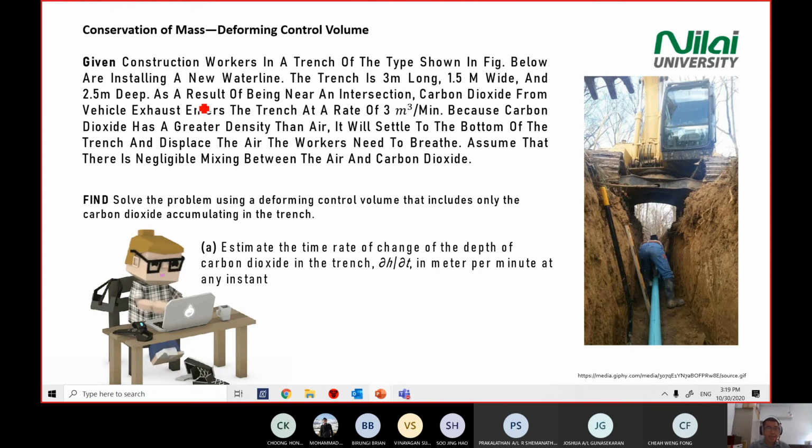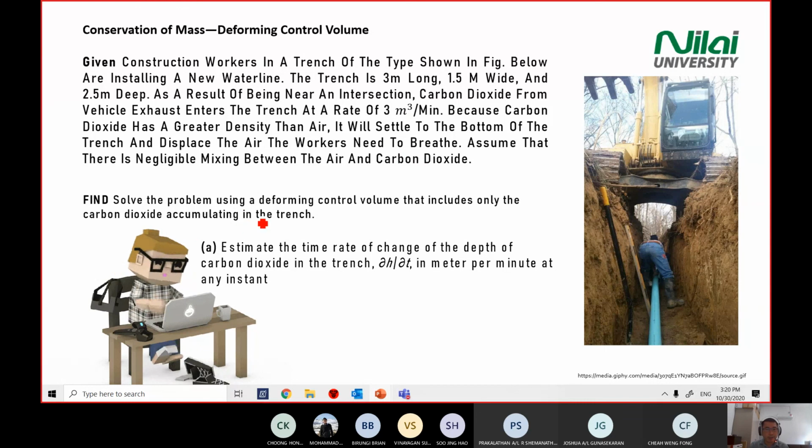As a near intersection, carbon dioxide from the engine enters the trench at the same rate, 3 meter cube per minute. Assume there's no mixing.